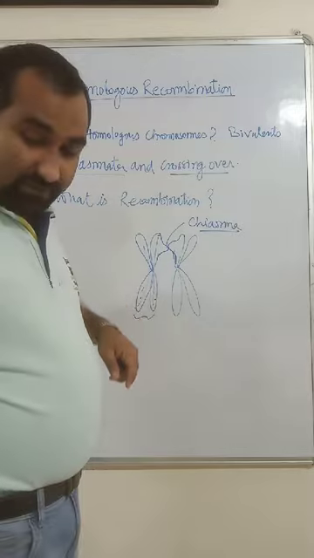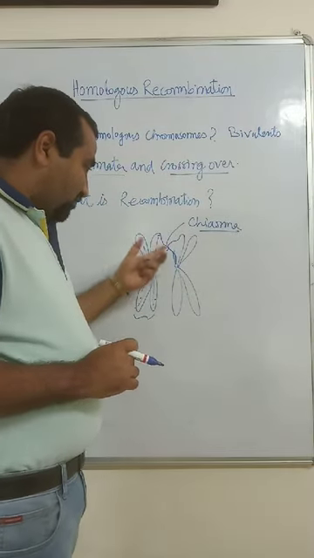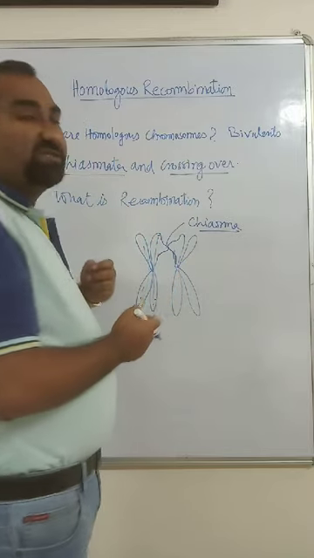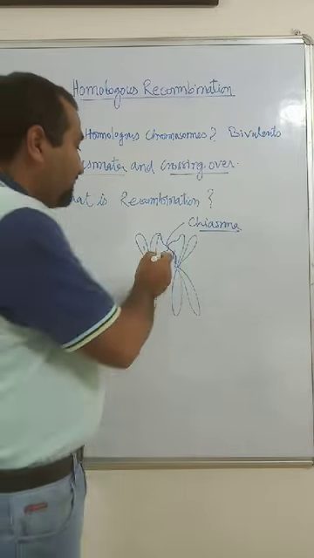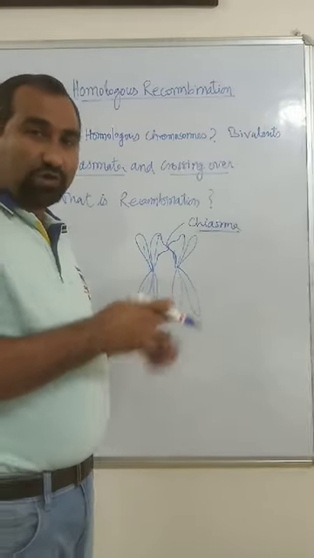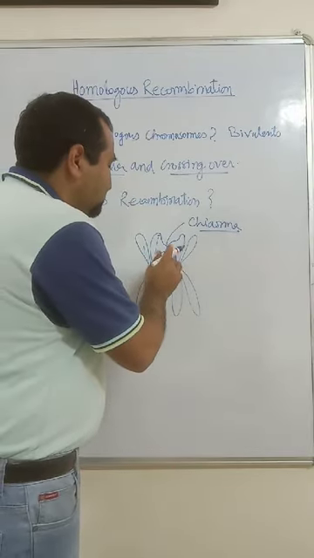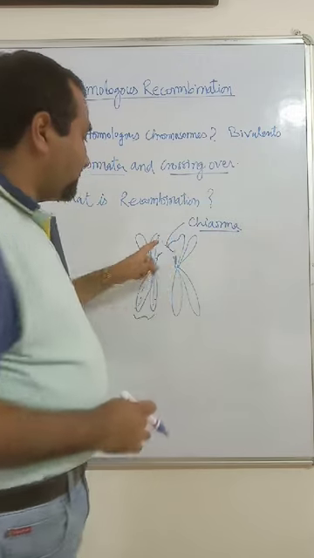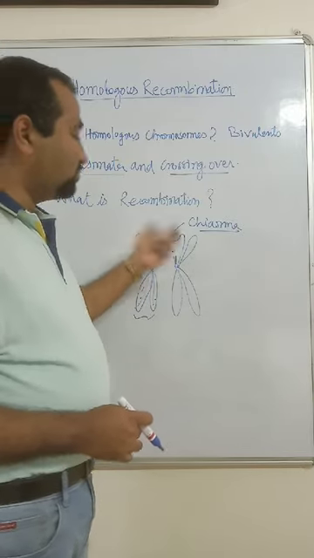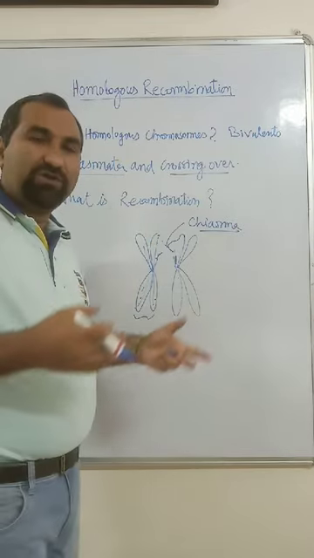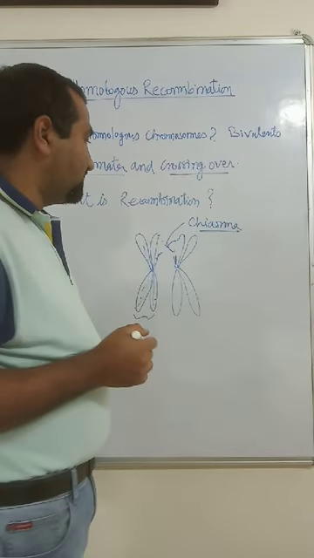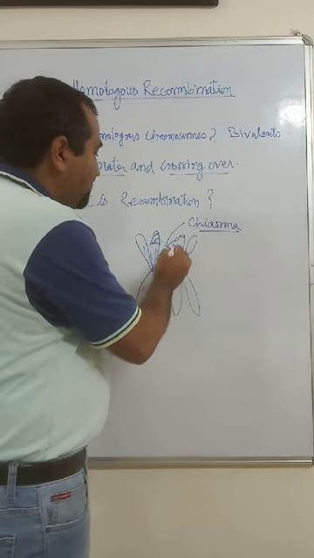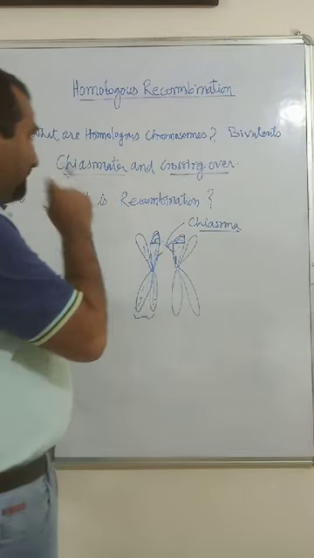Now what is crossing over? Crossing over is the process of exchange of genetic information. Here, through this chiasma formation, this part will migrate here and some part of this chromosome will migrate here through the activity of various types of proteins or enzymes, and this chromosome will have some part of the other chromosome.